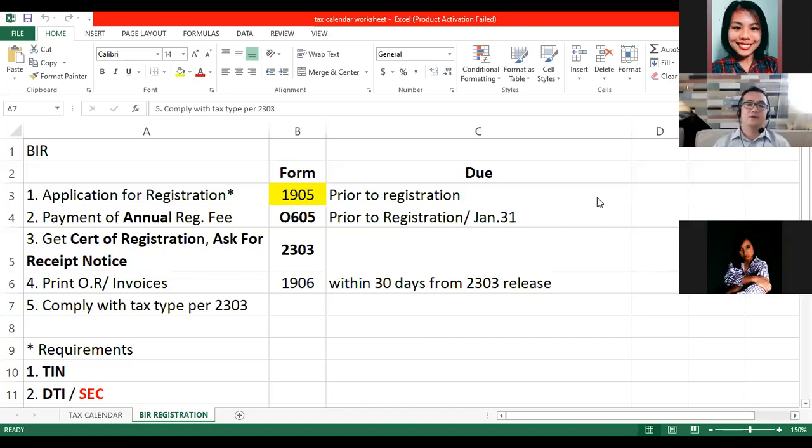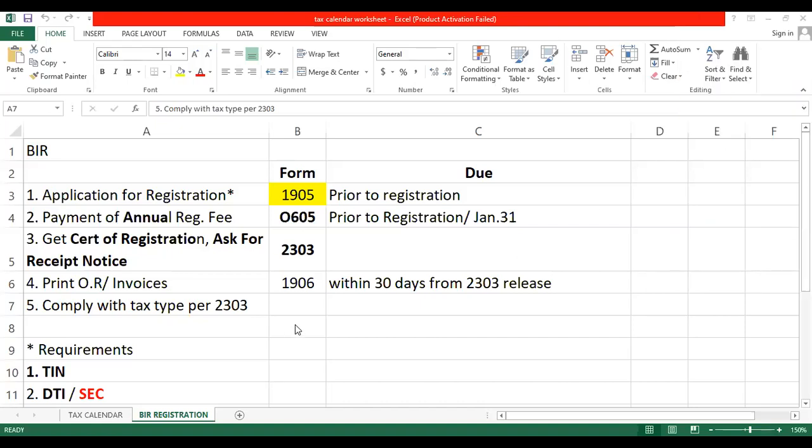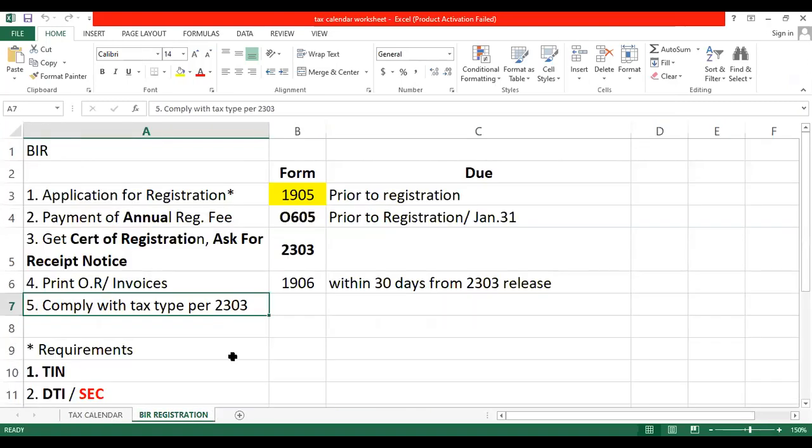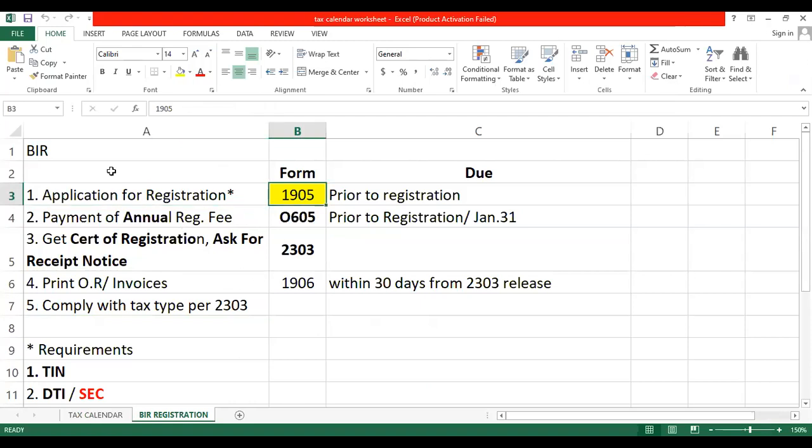Sige. Okay. So, before we comply with all the tax requirements of the BIR and become a registered taxpayer, we need to apply for registration. Now, upon application, they will ask us to fill up BIR Form 1905.